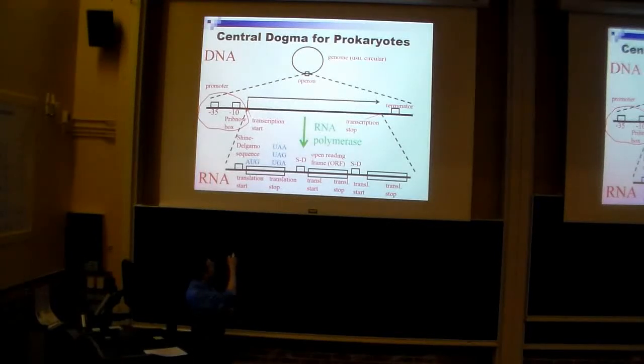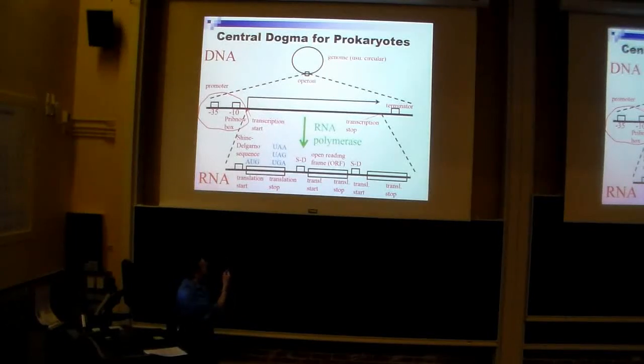That results in transcription, and then there will be a piece of this DNA that is transcribed into an RNA by an RNA polymerase. There will be another kind of signal in the sequence called the terminator signal that tells the cellular machinery that it's reached the end of this operon and that it should stop transcribing RNA.